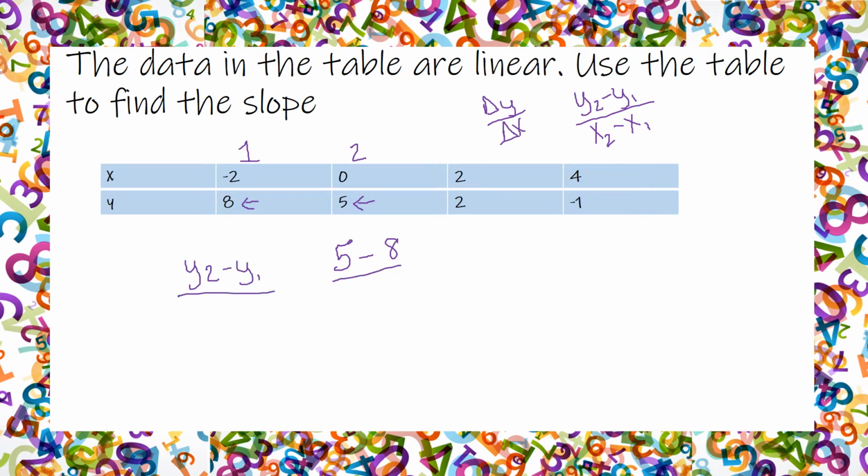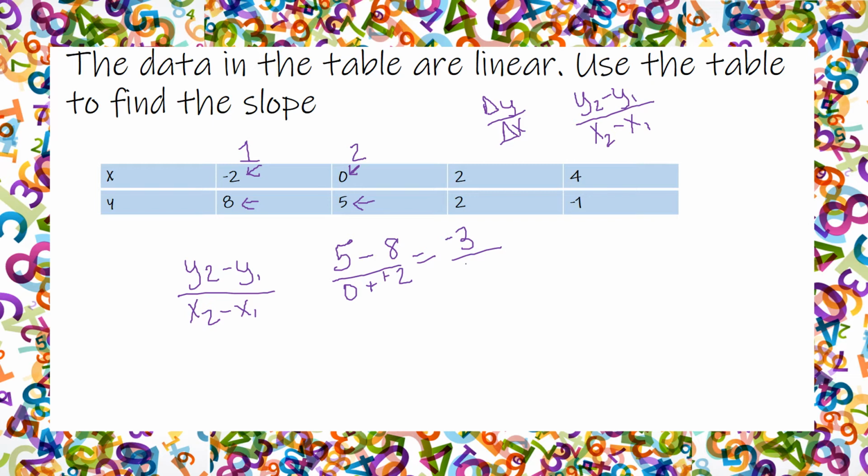And now we're going to do x2 minus x1. That means the x in my second pair, this 0, minus the x in my first pair, negative 2. So now all I have to do is simplify. 5 minus 8 is negative 3, and 0 minus negative 2, if I see minus a negative, it's the same as plus a positive.